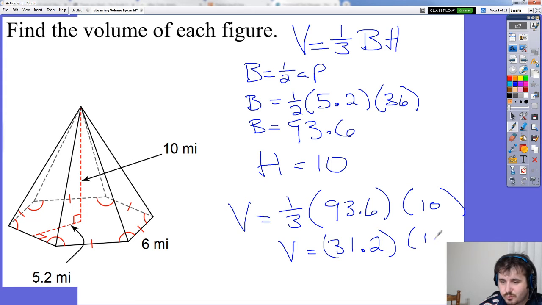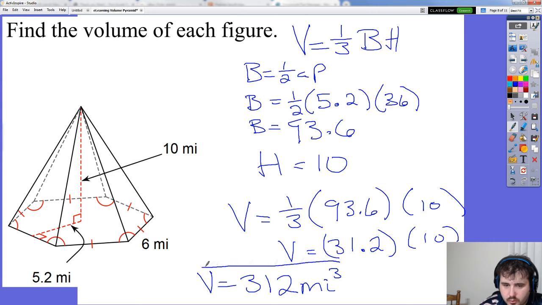Again, the caveat to this working is that you can do basic arithmetic. But we can. So 31.2 times 10 is just 312. And again, our units are miles. And then, since this is volume, we want miles cubed.